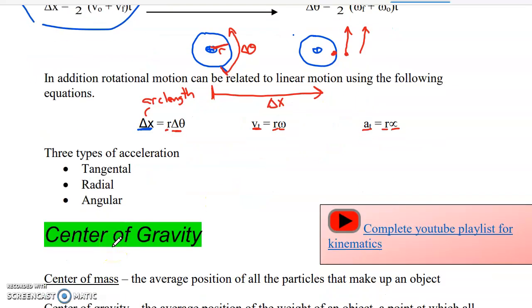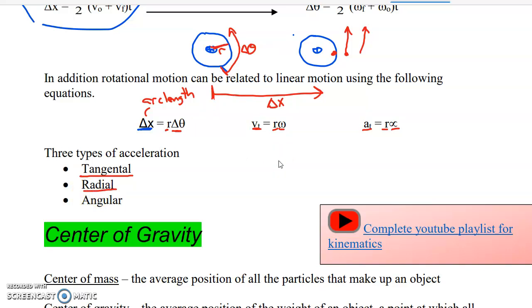All right, so let's talk about three types of accelerations. We just briefly mentioned this idea of tangential acceleration. That's the idea, if you look at a point, how is it changing? This is the familiar one that we have. We've also talked a little bit about the radial acceleration.